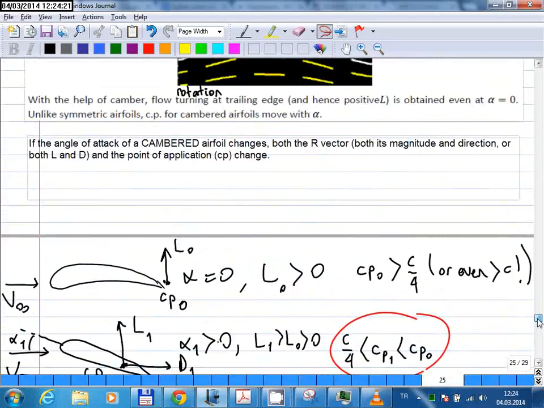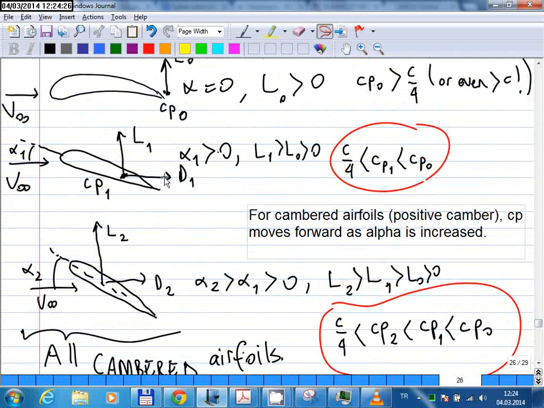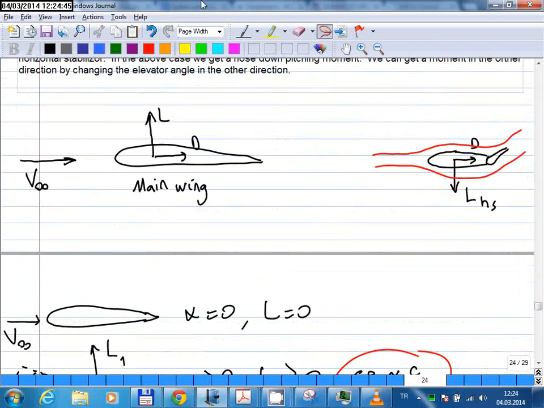Okay, so the reason I'm telling you this is to study the entire motion of the aircraft. Knowing the lift and drag forces is very important, but knowing the center of pressure is just equally important, because without knowing the center of pressure, you can't really see the complete picture, right? Let me go back here.